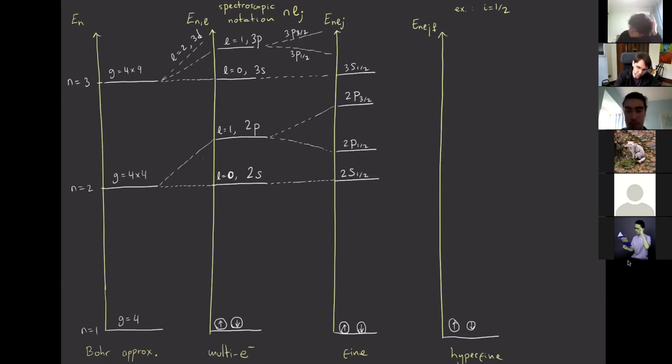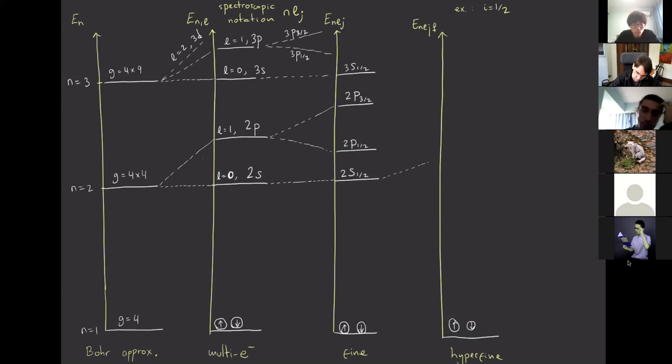Just like if it was a proton, so just spin 1/2. Then for a given J, we will have 2 possibilities for F: J plus 1/2 and J minus 1/2. So this automatically means that in this case, we have the following lifting.